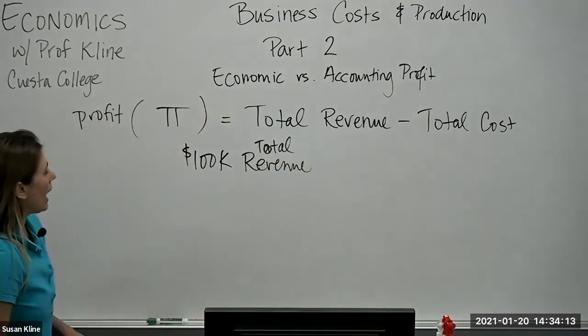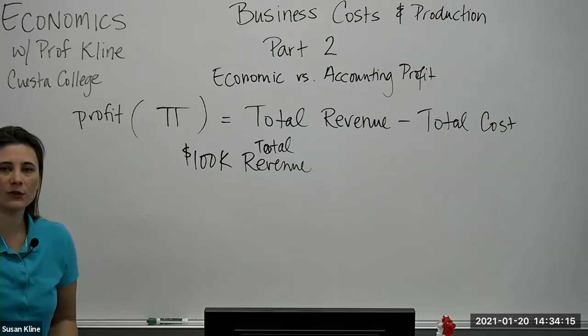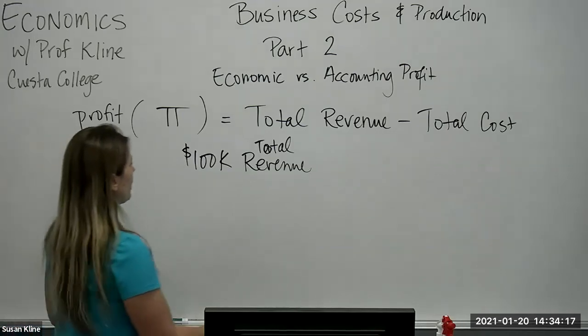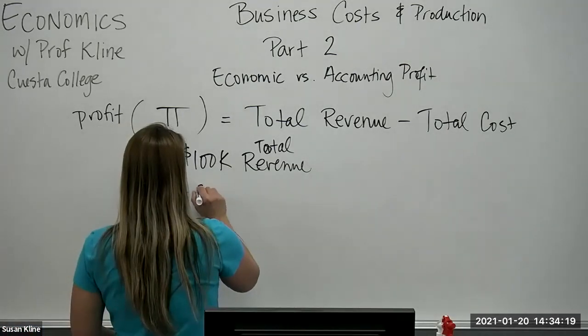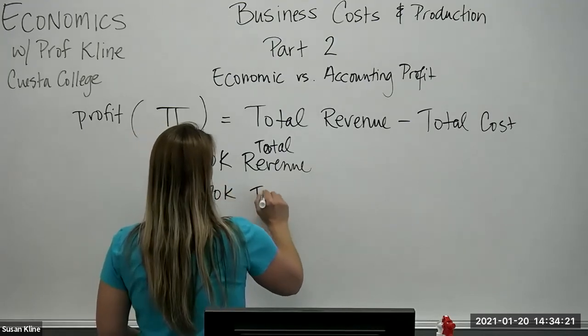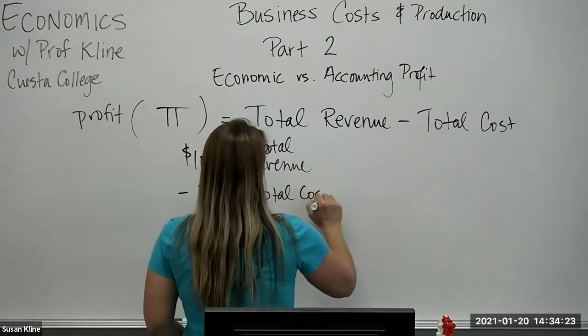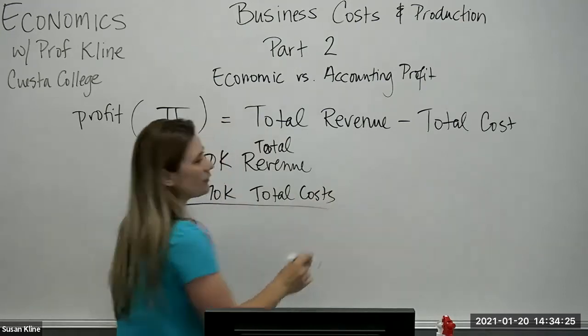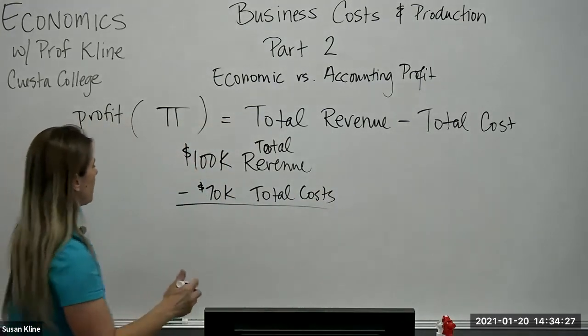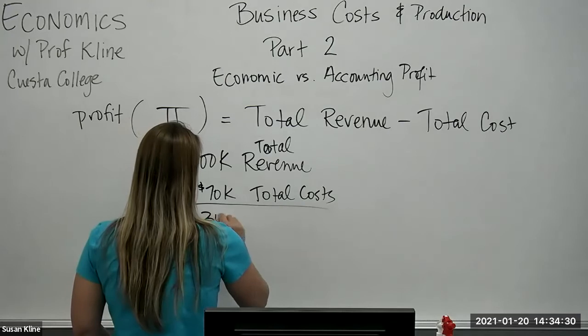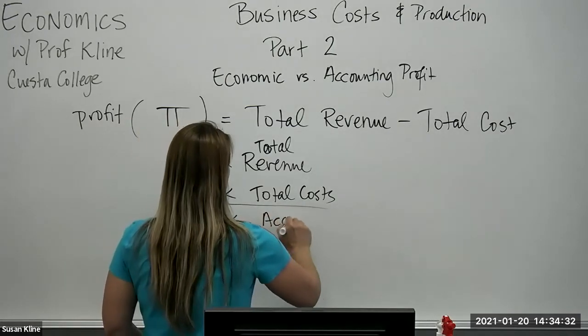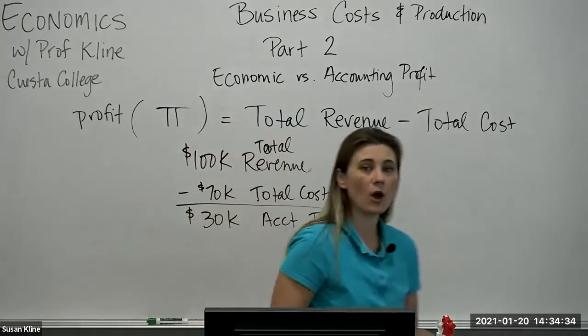And they say, okay, so how much were all of your ingredients and how much did you pay your employees? And you say, well, I paid them all $70,000. Those were my total costs, right? You submit all of your receipts to the accountant or the bookkeeper and they go, great, you made $30,000 profit this year. You're like, oh, wonderful.